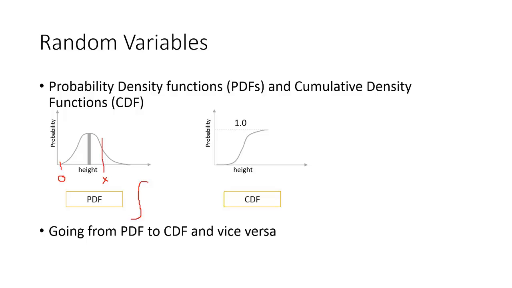It could start at y, it could start at minus infinity, but essentially, to integrate the area under this curve to get the CDF, you would integrate from 0 to x, f of x, and the f of x here is your PDF function, and that will give you the CDF. And going from CDF to PDF is exactly the opposite, which is to differentiate the CDF, and that will give you the PDF.